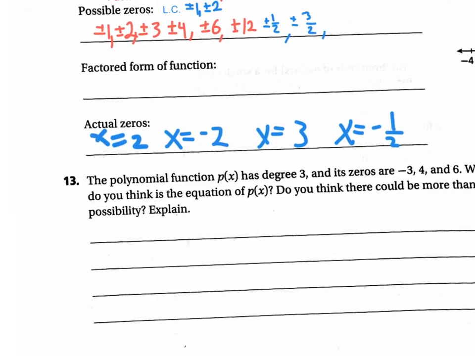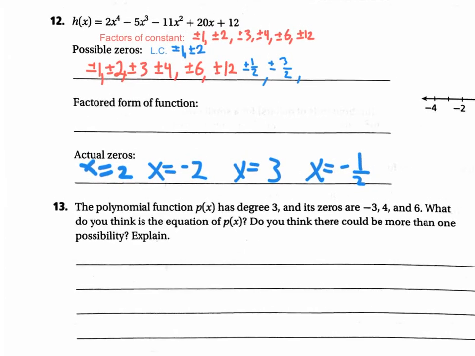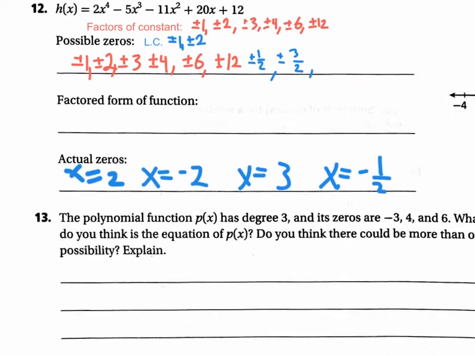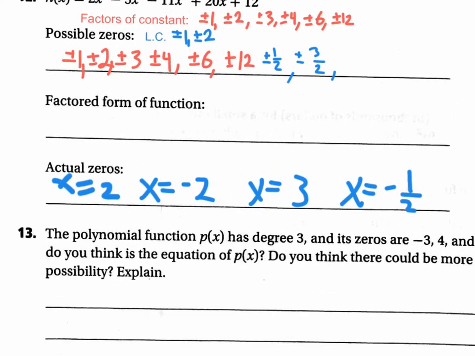Okay, so now that I know my answers, I can rewrite everything in factored form. Because remember, if your answer is x equals 2, the factored form of it must be x minus 2 in parentheses. And then times, if this answer is x equals negative 2, that must mean that it came from x plus 2 in parentheses. That's what it would be in factored form.